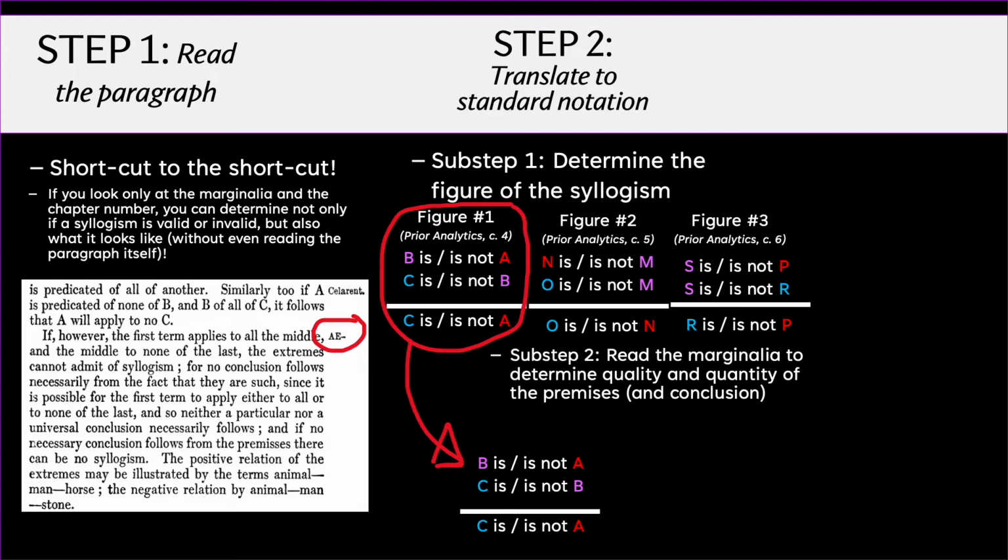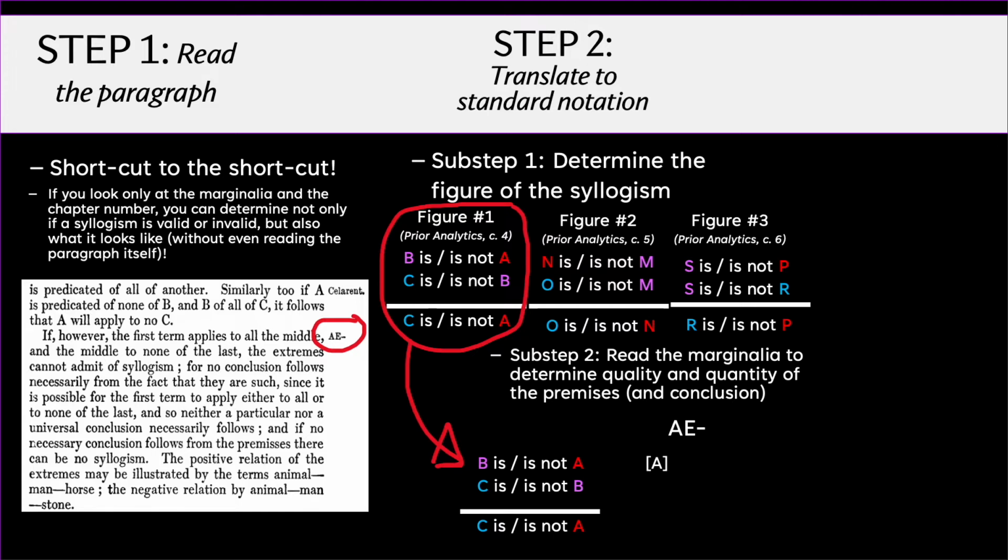It's a first figure syllogism with the middle term in the major premise being the subject and in the minor premise being the predicate. Now let's look at the letters AE dash. Here, since we're dealing with an invalid syllogism, we don't have a funny name, but the same principle applies. We have a series of vowels, and those tell us the sort of propositions we're going to be dealing with in the major premise and then the minor premise.